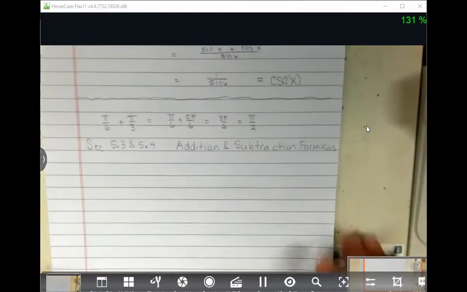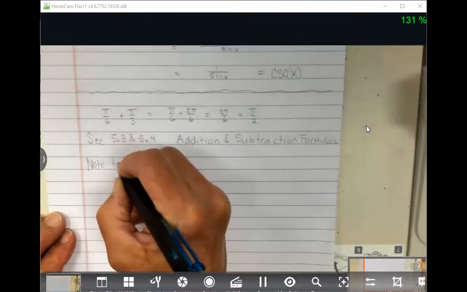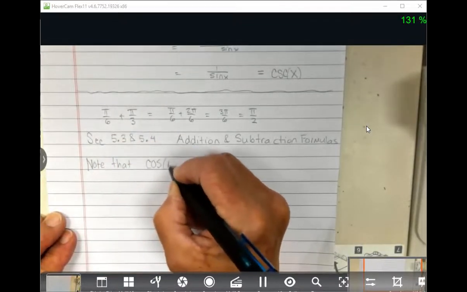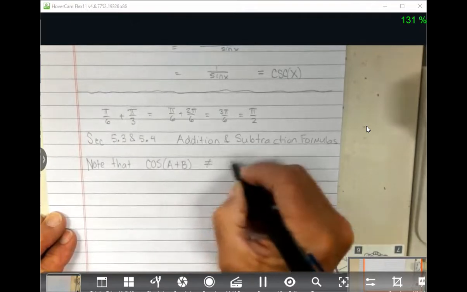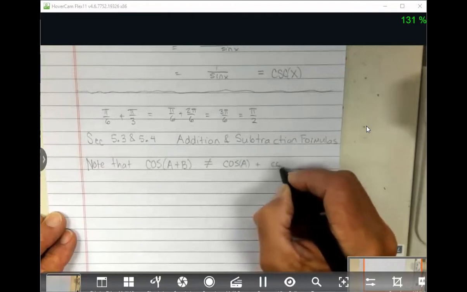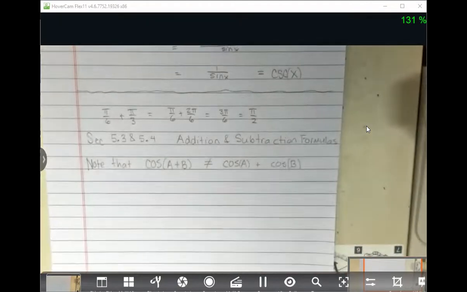And here's why we need them. Note that in general, the cosine of A plus B is not equal to the cosine of A plus the cosine of B. You cannot distribute a trig function through parentheses.